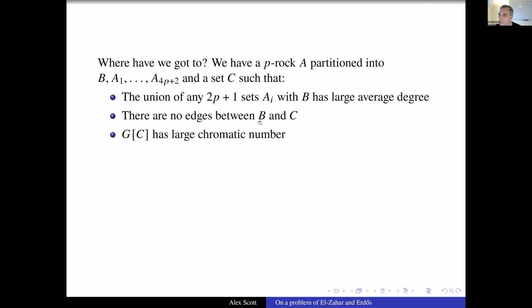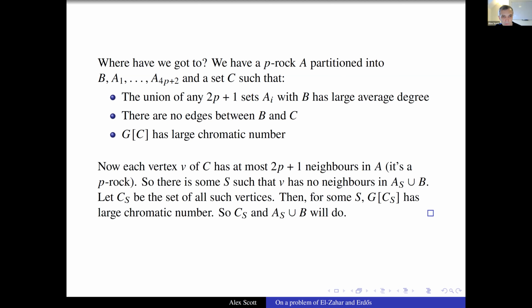There are no edges between B and C, because we deleted all the neighbors of B outside A. And then C has a large chromatic number. Okay, so this is what we did all the work to get, and now the rest of the argument goes nicely. So each vertex of C, by the lemma about P rocks, we know that it has at most 2p plus 1 neighbors in A, as A is a P rock.